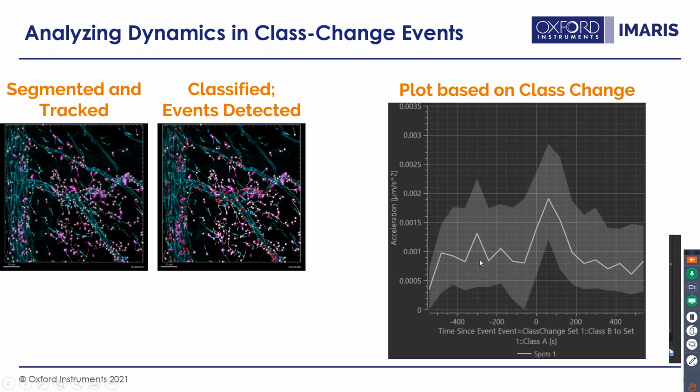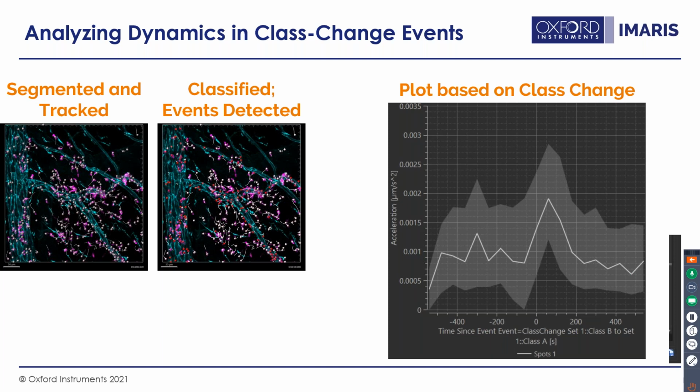We see the median value in the white line, and we see the quartiles in gray. We can see that around the event time, there is an increase in acceleration, but at this point I can't say that that is something significant and different. More work needs to be done, but it does suggest that there may be something there.